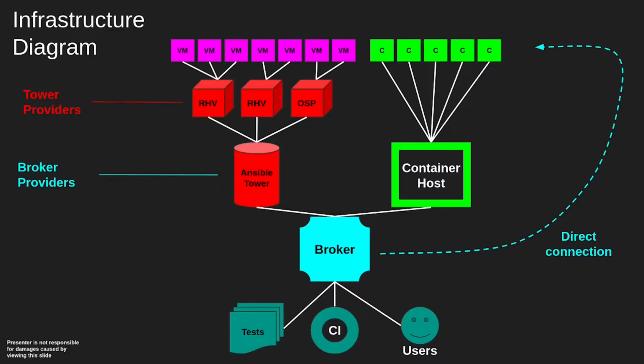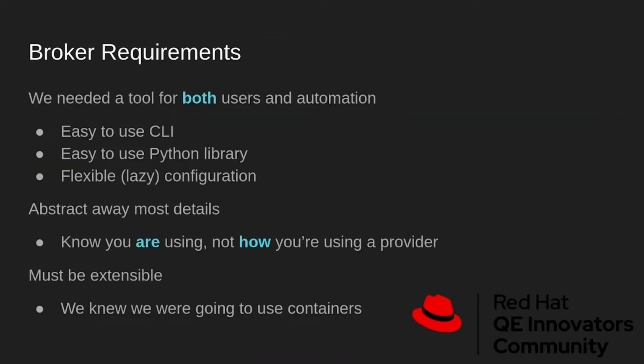Broker then relays that information back to either the test, the CI, or users, and in the event of the automation, it can also do some additional functionality. But this is the basic flow. Ansible Tower doing most of the work, and Broker standing as a middleman, providing a consistent interface for the consumers of our infrastructure resources. Okay, now let's talk about the requirements we had for Broker.